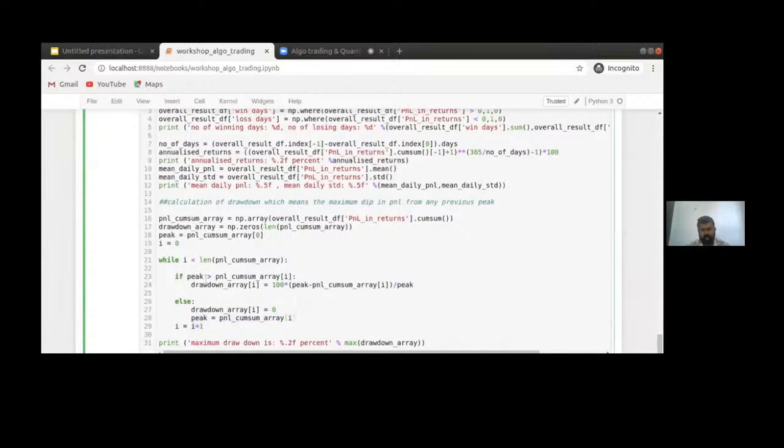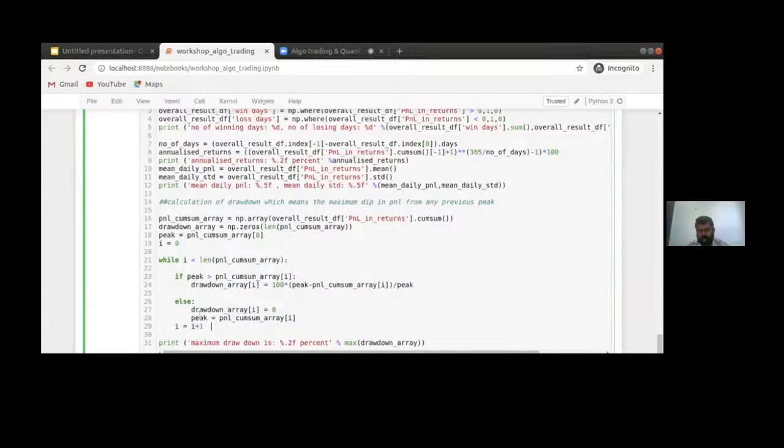So what this function basically does is, let's say your PNL till today was 110, and then tomorrow your PNL is 120. Your previous peak value was 110, so you have a new peak today.